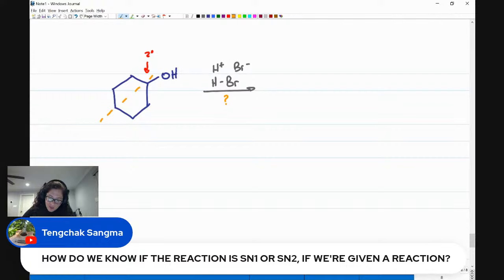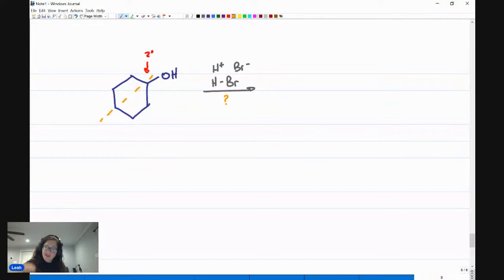And then my leaving group, well, nothing's happening. That OH is not going to leave. You're not going to have an OH minus. If your leaving group does not want to leave, how do I make it leave? What is a good way to get rid of something that doesn't want to leave? You beg, you plead, and you bribe it.